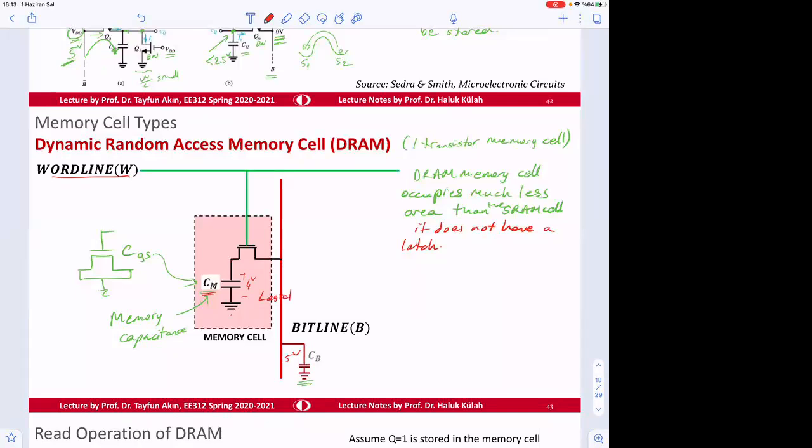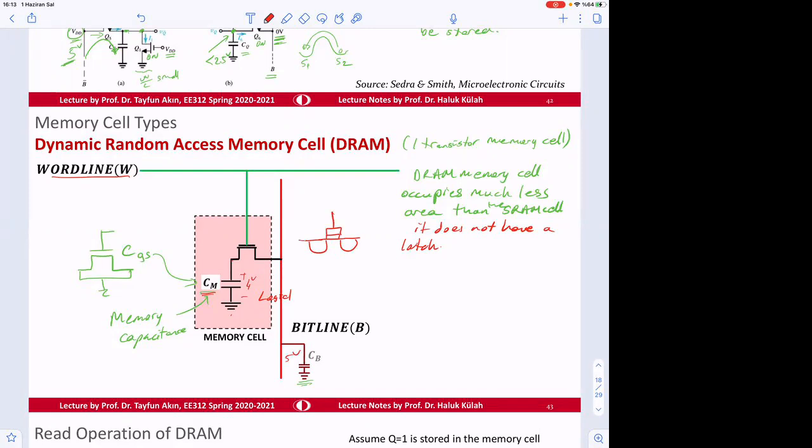If that is in there, it's going to stay in there, but it will not stay in there forever because of the transistor. This is the transistor, right?